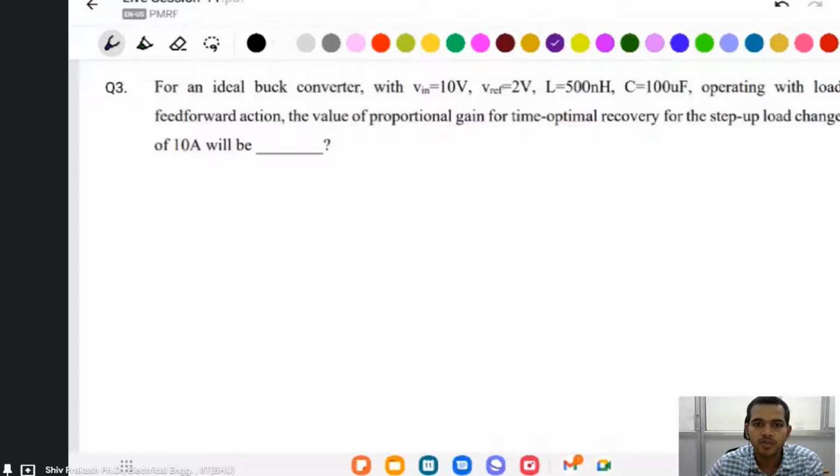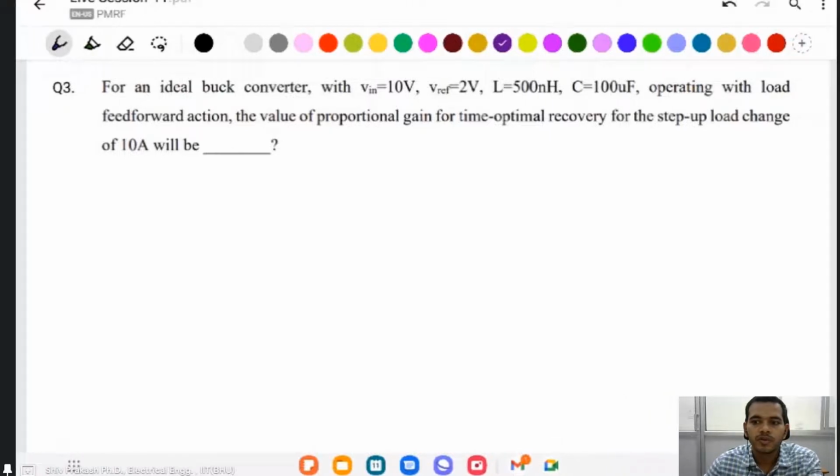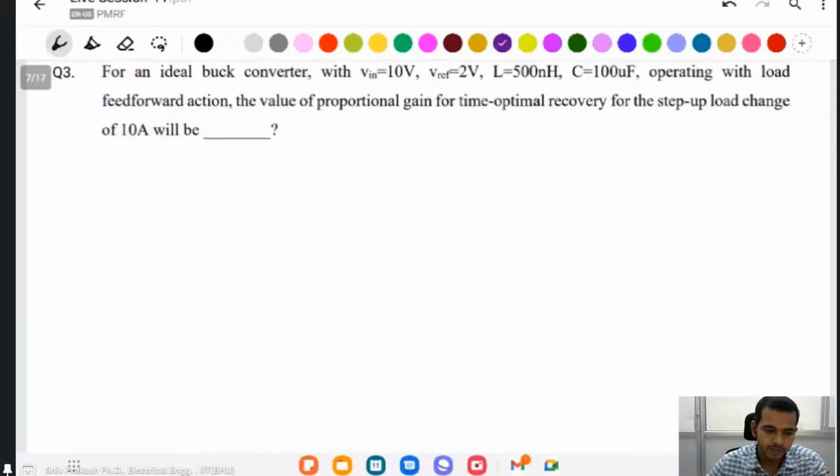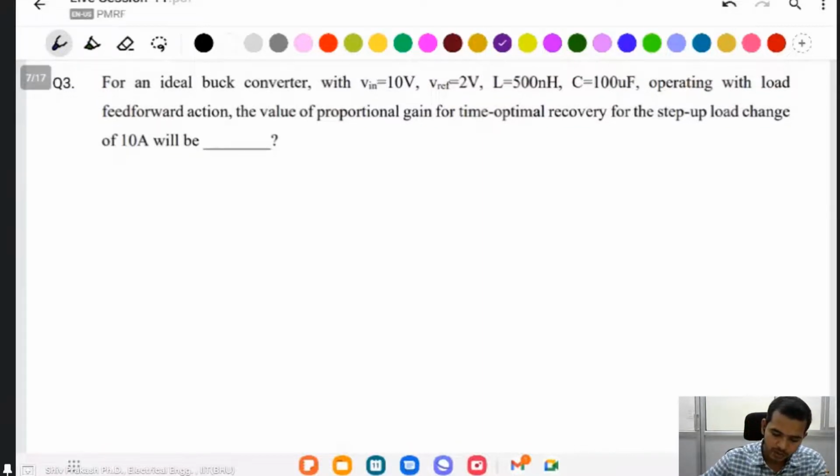Step of load change means the load is increased. Load is increasing and delta I is equal to 10 ampere. This one is given for a buck converter.